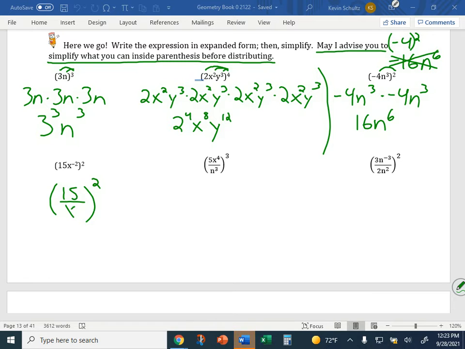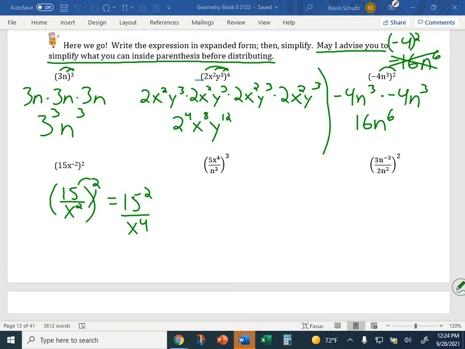Remember, a negative power, you move the exponent and its base to the other part of the fraction, make the power positive. Okay? So now when we distribute, 15 squared over x to the 4th, which you could write as 225 over x to the 4th also.